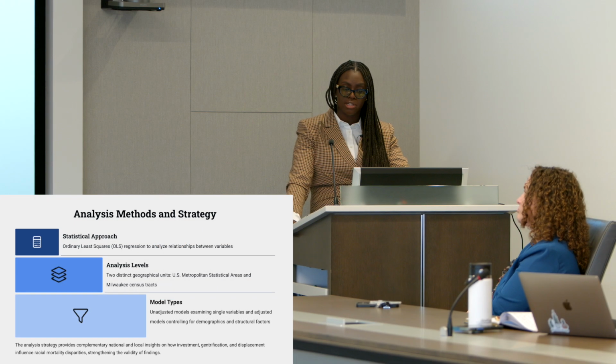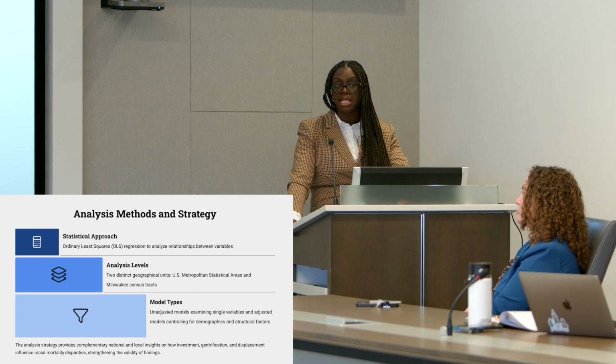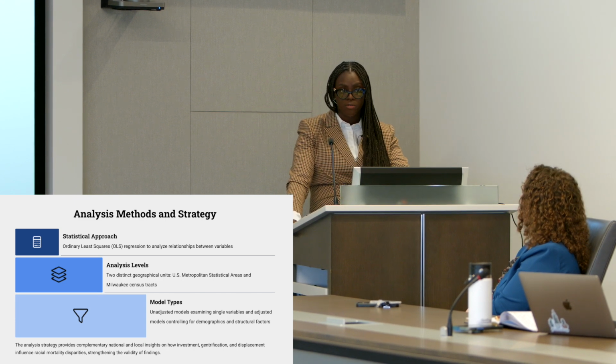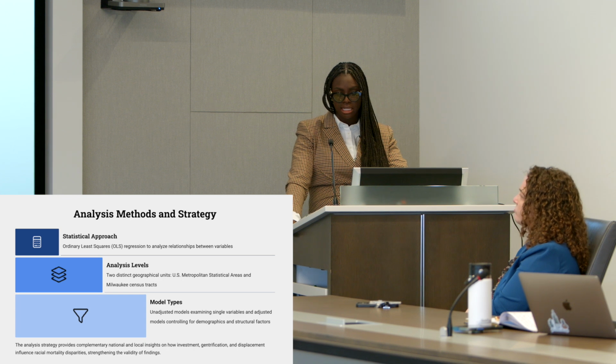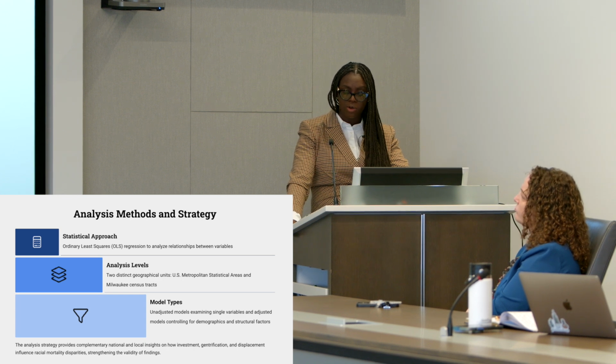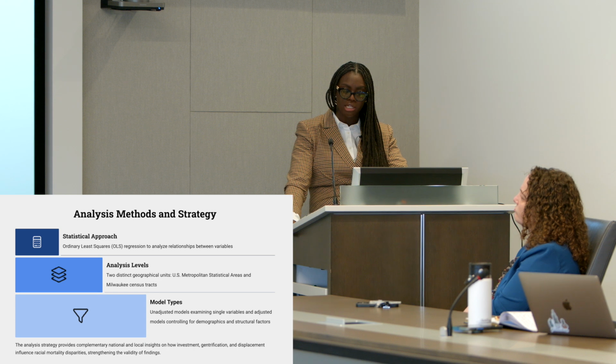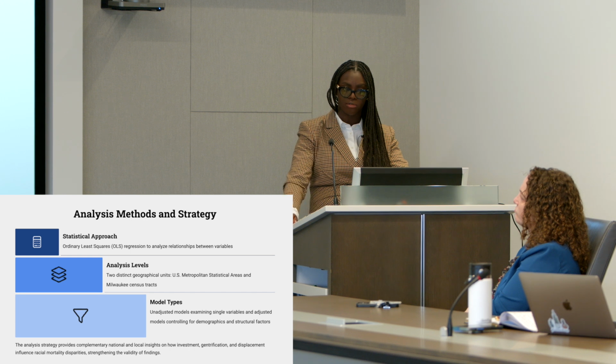For the MSA level analysis, the broader national trends in investment and displacement were examined using MSA level data to understand the metropolitan scale impact on racial mortality disparities. For the census tract level analysis, the more localized analysis focused on Milwaukee, offering insights into how neighborhood level dynamics contributed to racial mortality disparities at the census tract level, which is a more granular level than the MSA level.